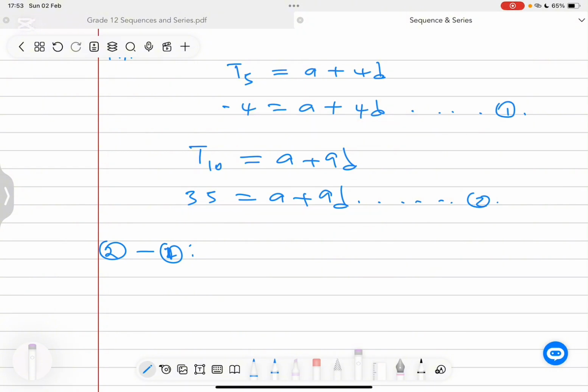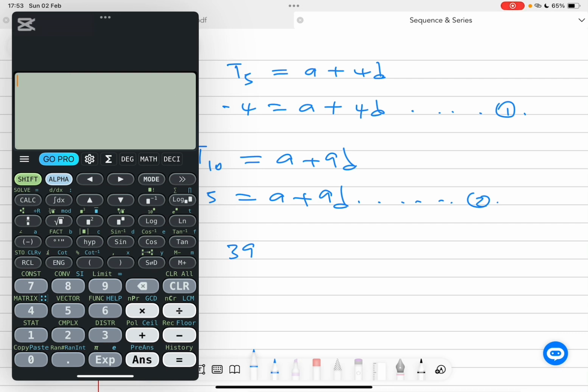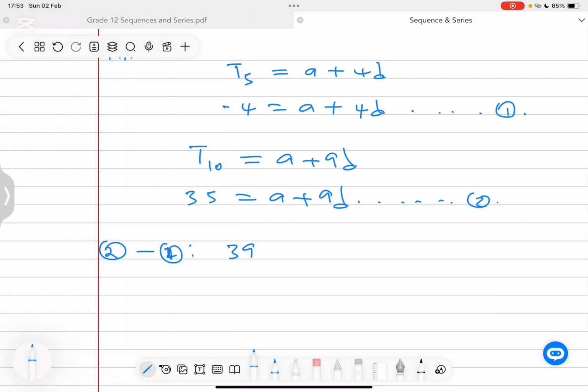Now, when we do that, we are actually saying here that 35 minus -4 should give me 39, right? Because remember, I'm saying equation 2, which is this, I'm subtracting, and then there's a negative there, equation 1.